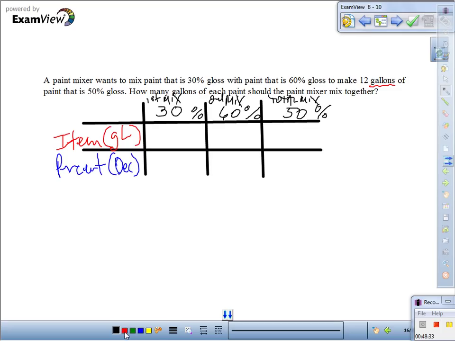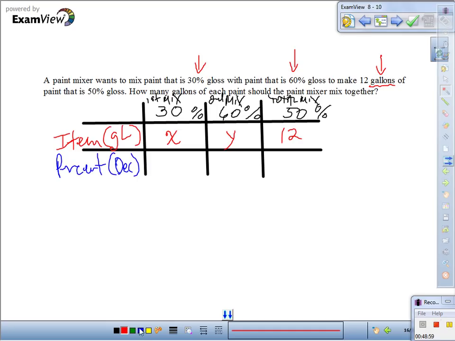So now that we have that, let's go to our gallons. Do we know how many gallons went into the first mixture? No, so we label it X. Do we know how many gallons went into the second mixture? No, so we label it Y. Do we know how many gallons went into the total mixture? 12. There it is.